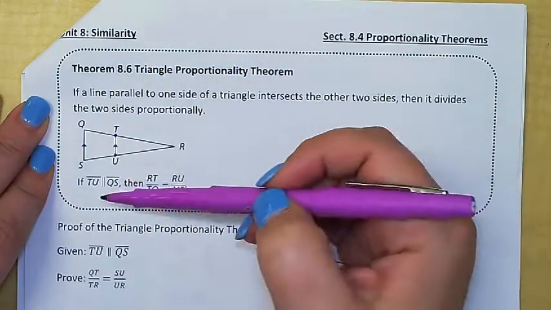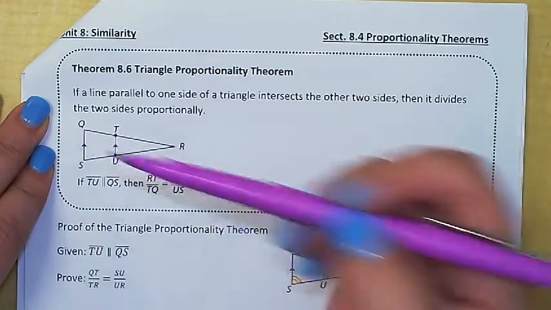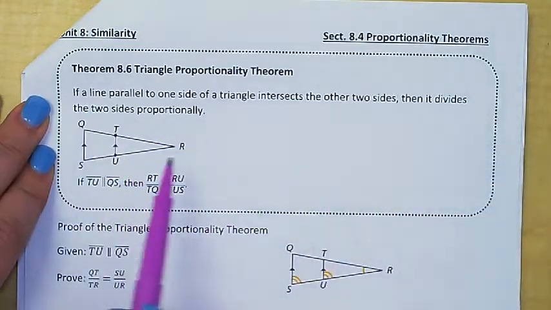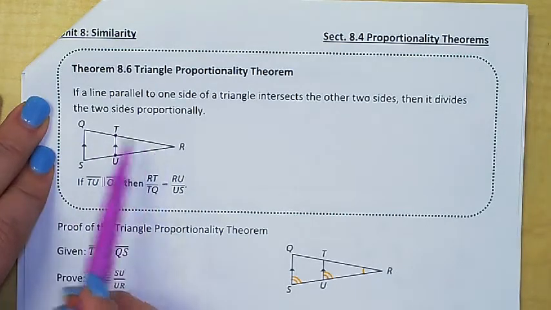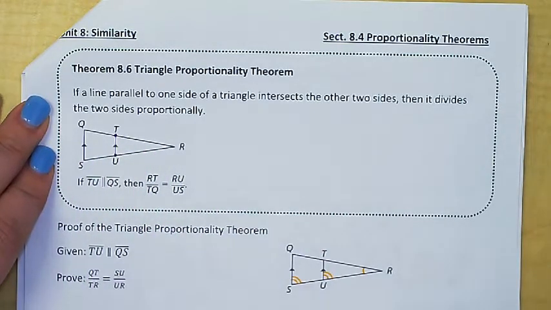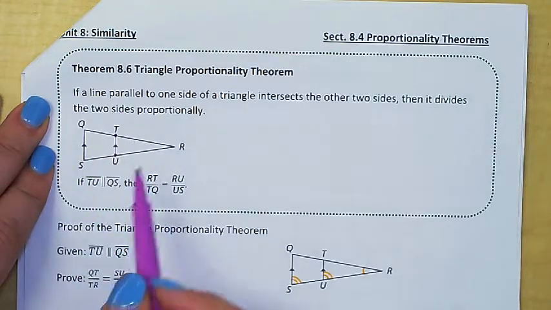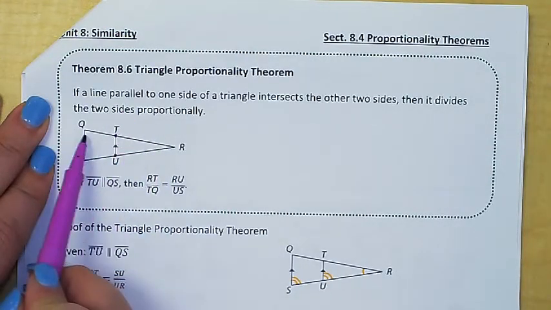So in this particular example, if TU is parallel to QS, then we can conclude not just that the small side to long side is proportional, because we already knew that based on the similarity of triangles, but more importantly, segment to segment.